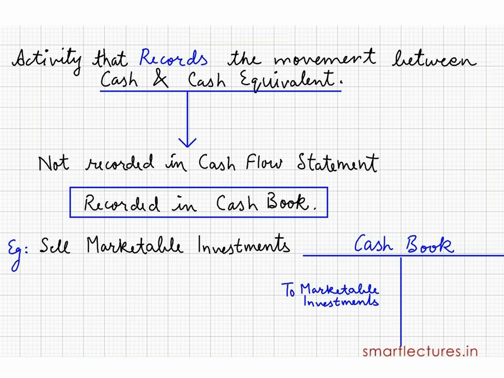What you have done, you have sold the investment and you have got hard cash. So you will write down on the receipt side of the cash book, I mean to say debit side, to marketable investments. But this type of transactions, I mean to say the movement between cash and cash equivalent, is not recorded anywhere in cash flow statement.